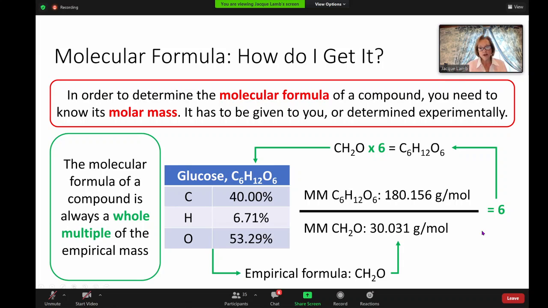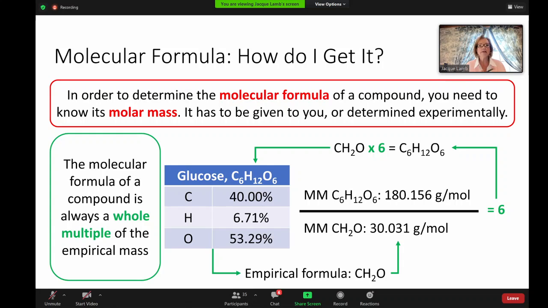I'll point out that if you actually take the time to do this math, you will find that you get 5.999. That's because of rounding differences when you calculate these molar masses. You should end up with a number somewhere between 5.99 and 6.01 or so.